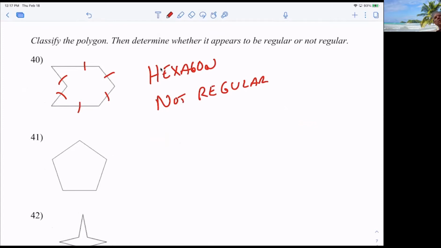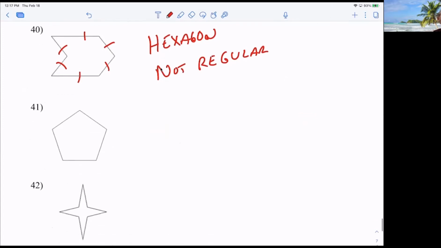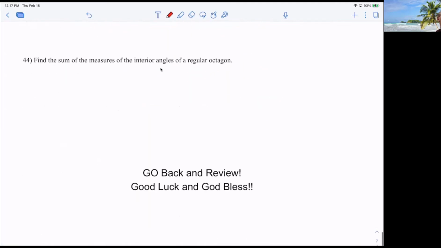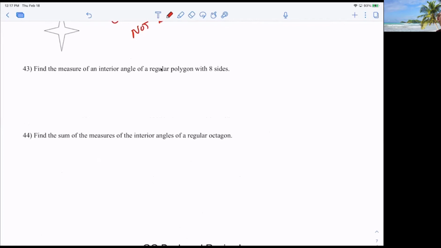The angles, right? The angles are not the same. All right, just quickly, guys. Pentagon, and this is regular. All right, this is an octagon, and this is not regular. Yeah, there were two more problems.